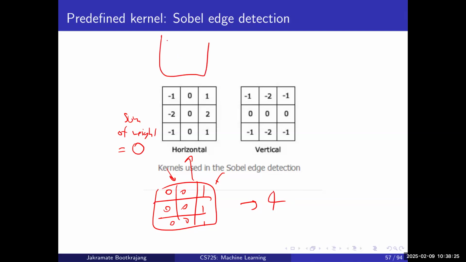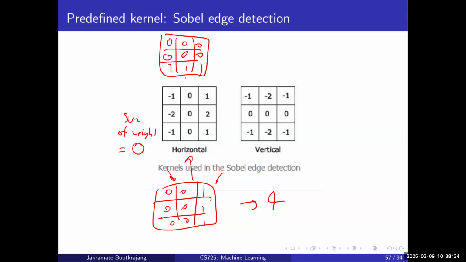What if I have this type? Basically, I have a different type of edge. I start with black on the top and then white on the bottom. This edge is not the same as the previous one; this one is going up and this one is going down.